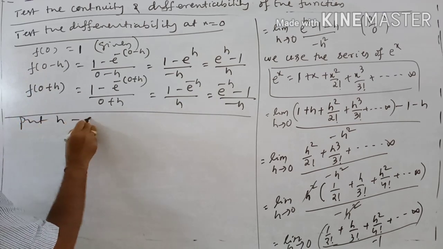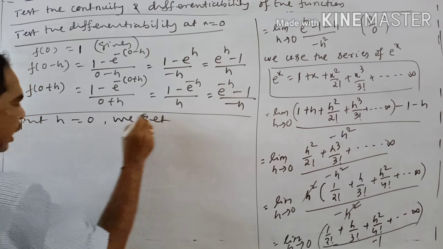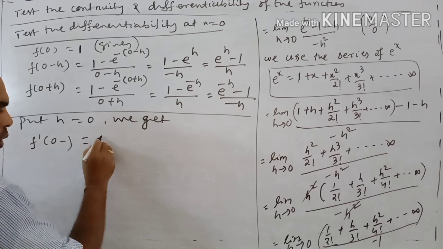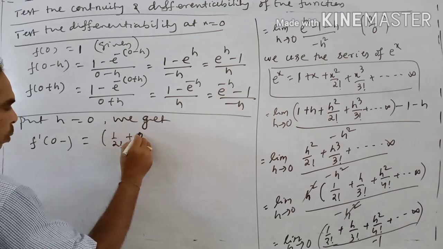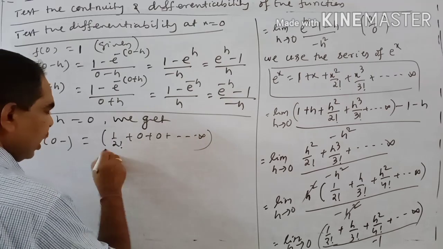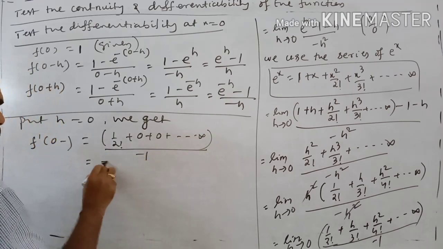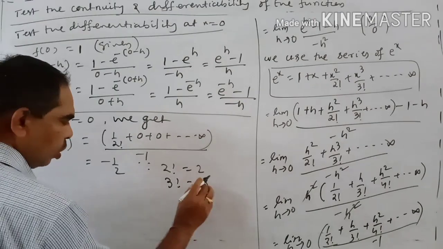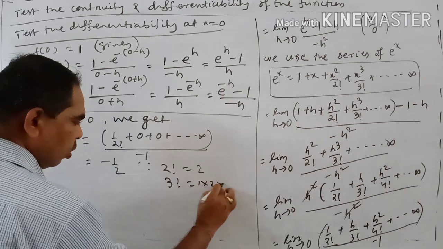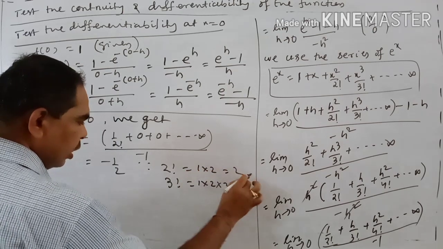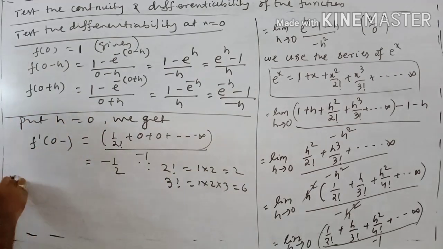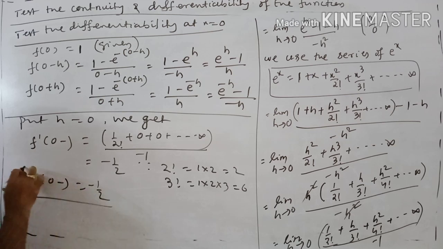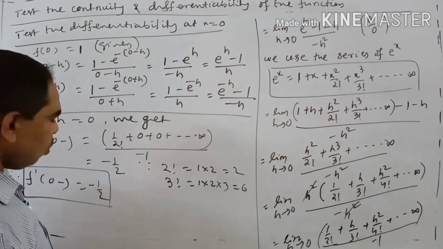We get f dash 0 minus is equal to 1 by 2 factorial plus 0 up to infinity divided by minus 1, which is equal to minus 1 by 2. Since 2 factorial is equal to 2, and 3 factorial means 1 into 2 into 3. So therefore f dash 0 minus is equal to minus half. This is LHD at x is equal to 0.